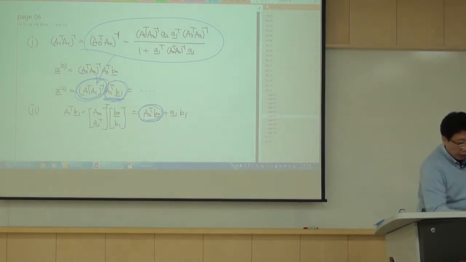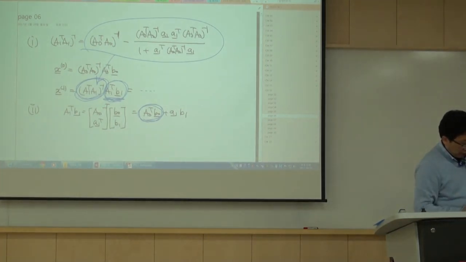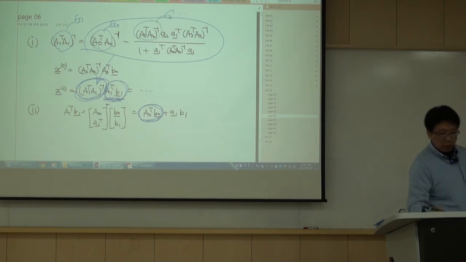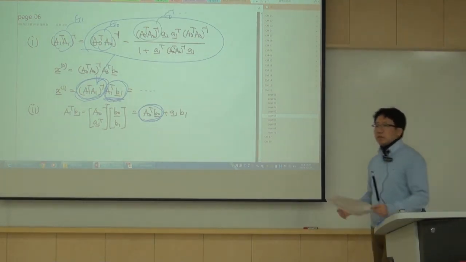By the way, our textbook made a change of variable like this as G0. So this becomes G1. So this becomes G0 inverse. But anyway, same thing. Okay?